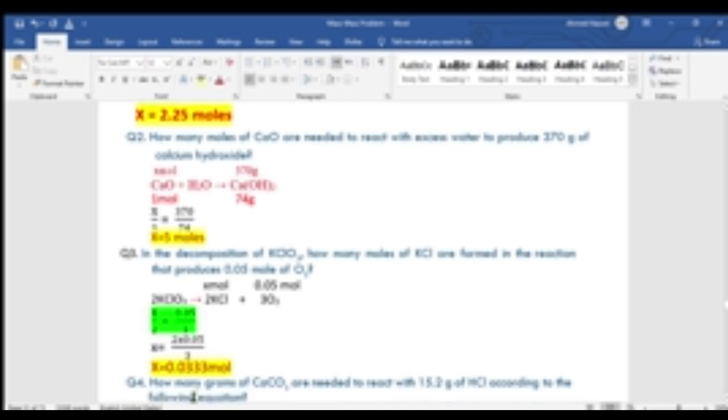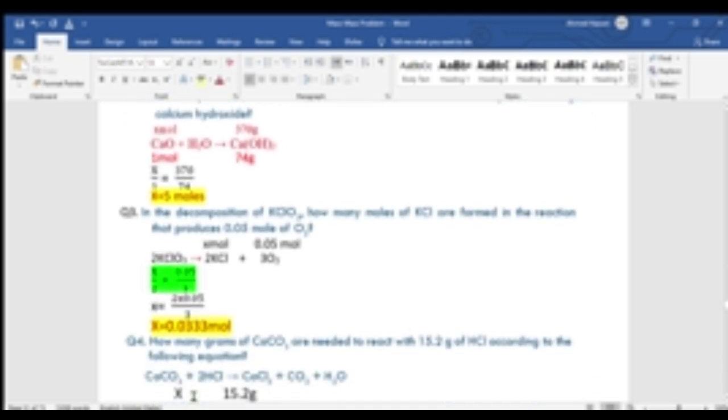Okay, question number 4. How many grams of calcium carbonate are needed to react with 15.2 grams of hydrochloric acid according to the following equation? That means calcium carbonate reacts with hydrochloric acid to form calcium chloride plus carbon dioxide plus water. Therefore, how many grams of calcium carbonate are needed?